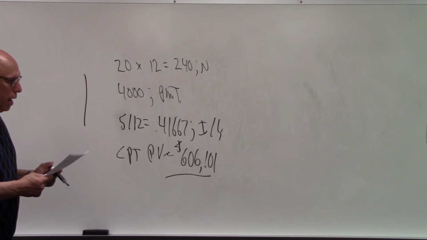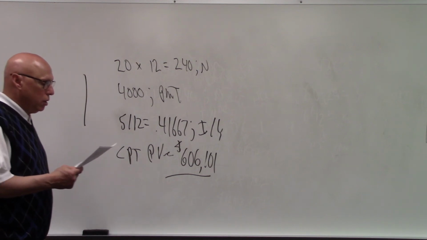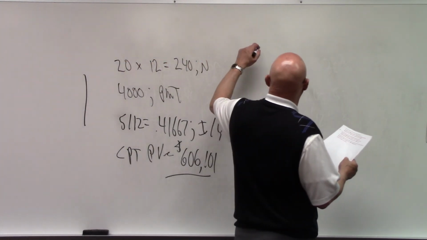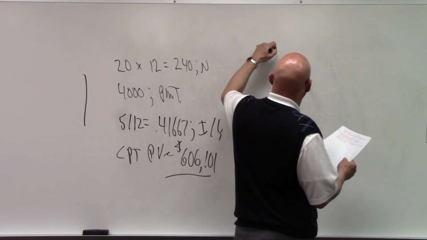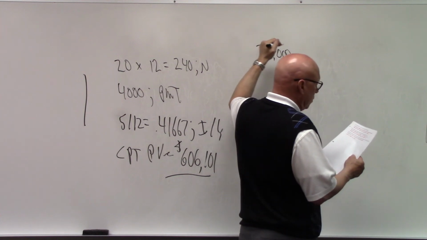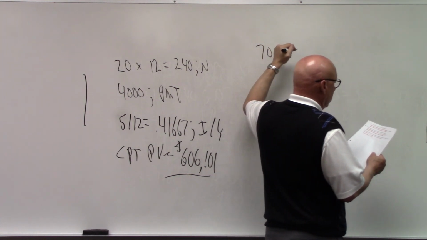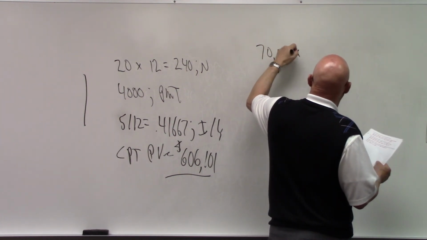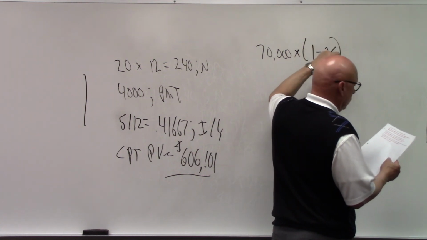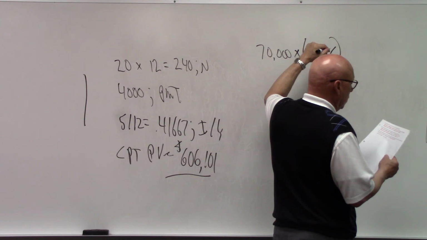All right. How much can you save each month between the ages of 25 and 65? So your annual income is $70,000. Your after-tax income, 70,000 times 1 minus 0.25, which is 0.75, okay?